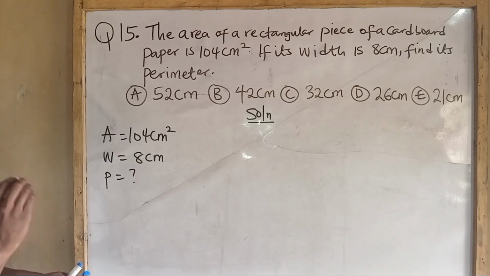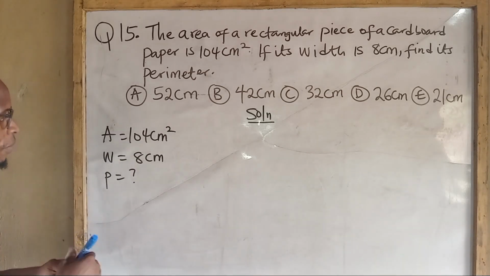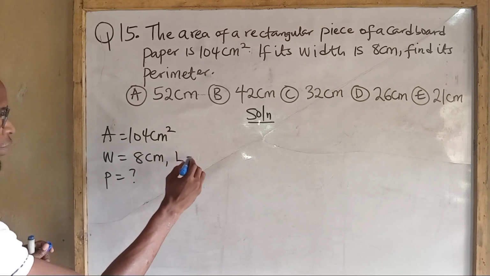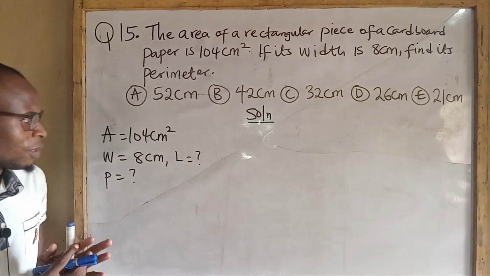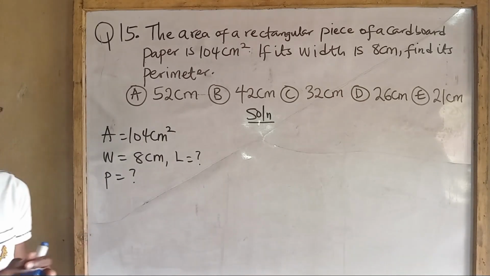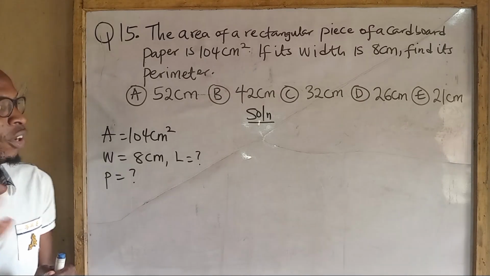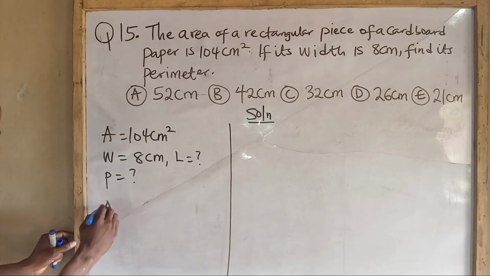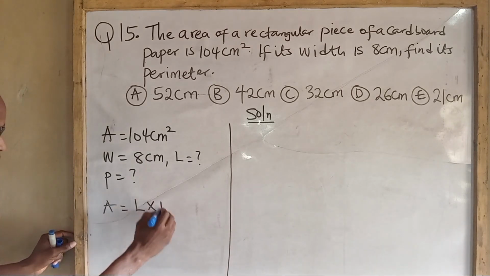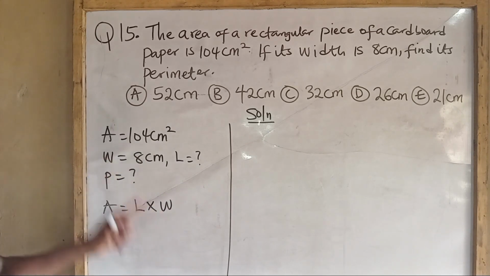For us to get the perimeter of a rectangular cardboard, something is missing here. We need to calculate the length of that cardboard. Now, how do we get the length? We can get the length of the cardboard by using the formula for area of a rectangle. So area of a rectangle, of course, we know is given by length times the breadth. I told you W and B are the same.